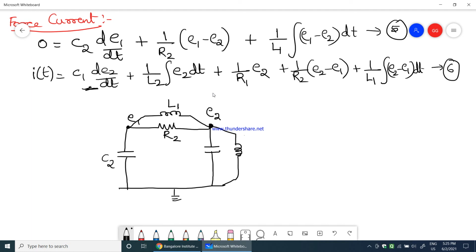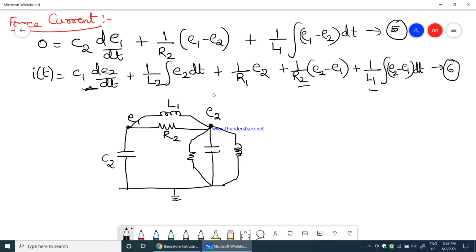I do have another resistor which is connected between E2 and ground. The other components, R2 and L1, are already connected here. So this would be the force current analogous network for the given mechanical system.